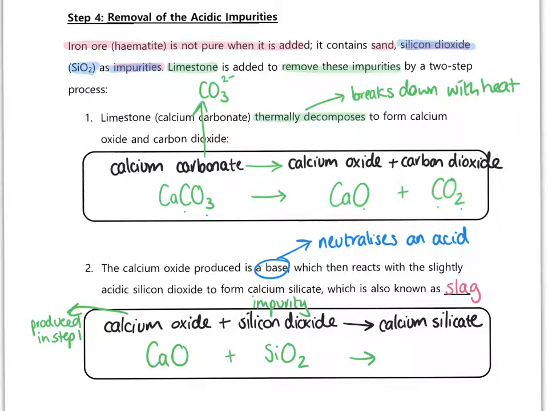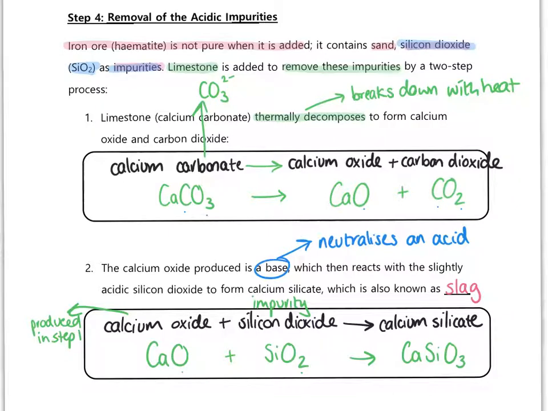The formula of calcium silicate is just Ca Si, there's our silicon, and then our oxygens are all together. You can see that we've got 1 oxygen in calcium oxide and 2 oxygens in silicon dioxide. So that's a total of 3 oxygens. So your formula of calcium silicate is CaSiO3, if you just remember that it all merges together.